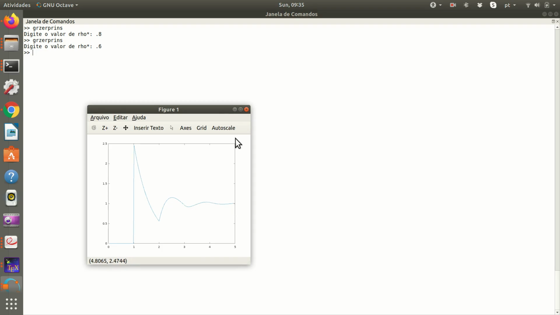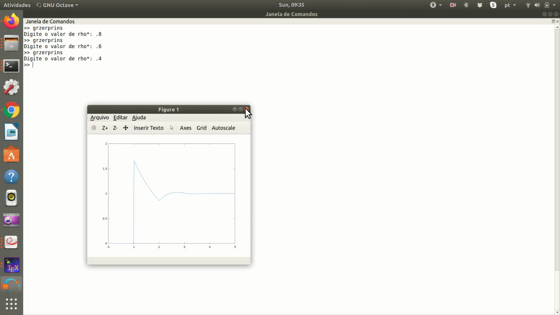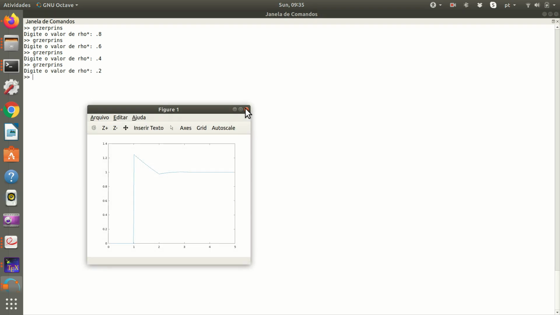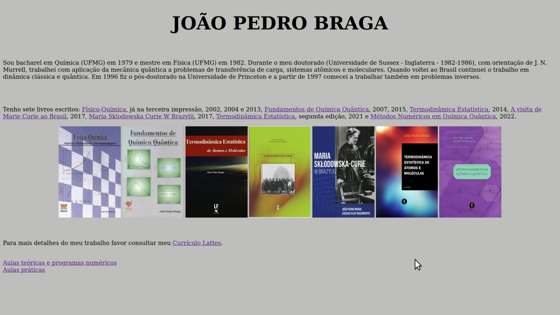As I said, as you decrease the density, you are reaching the gas state. And let's put 0.4. 1, 2 basically. Let's put 0.2. That's it. I hope I have finished the lecture now. Thank you very much.